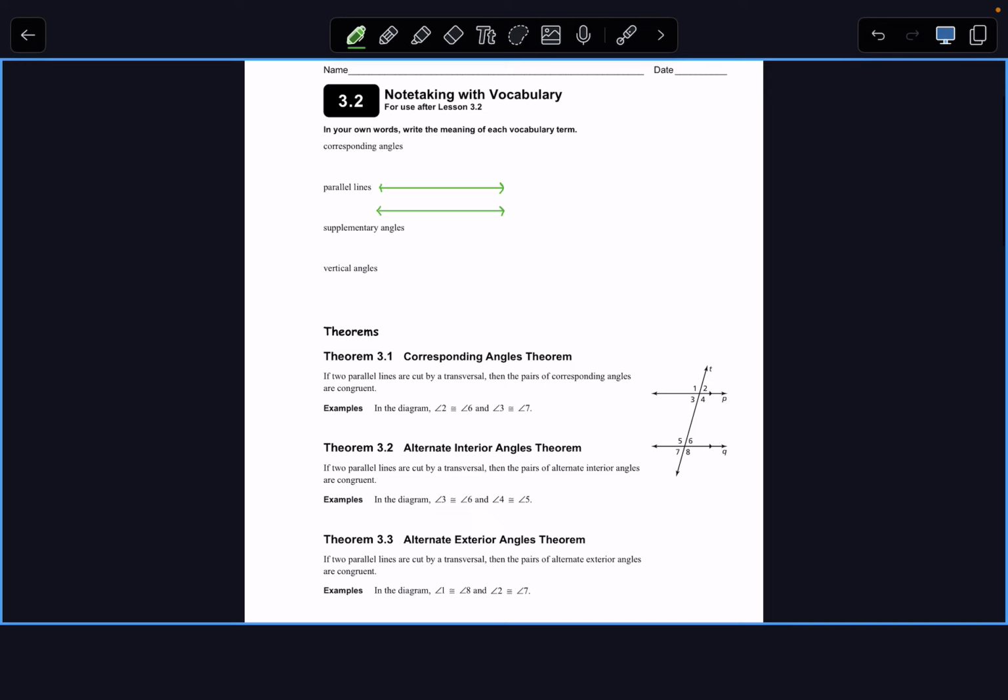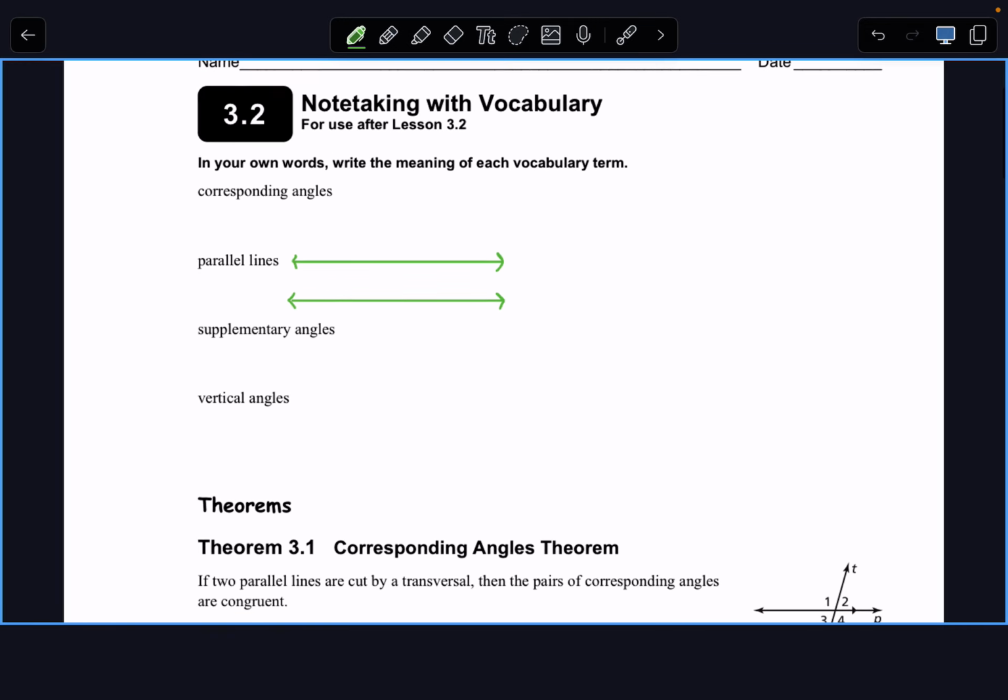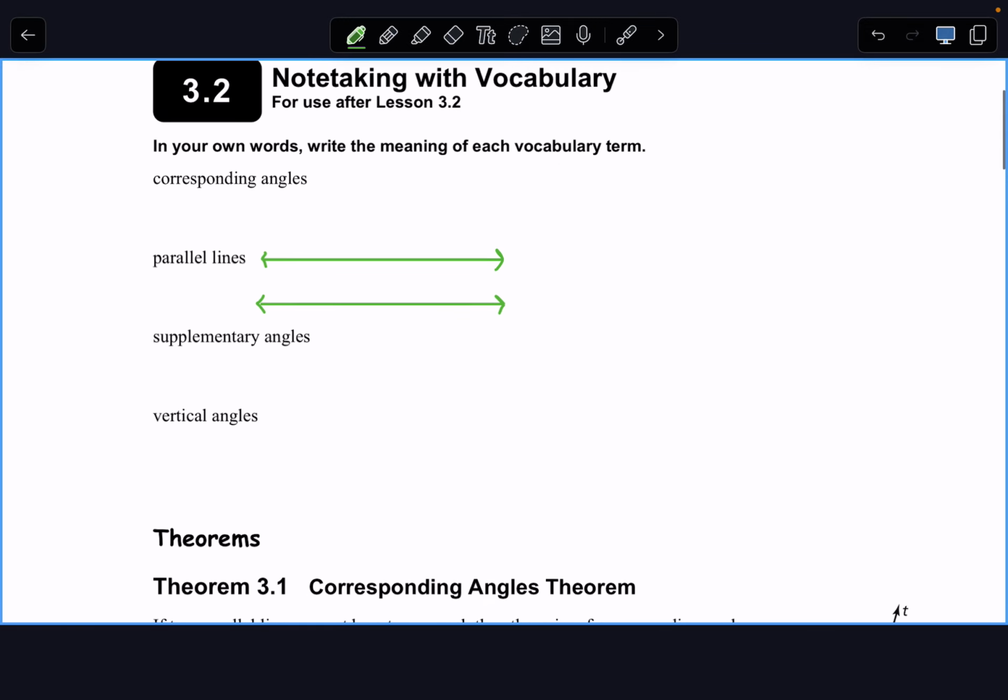This is page 73. I want you to understand that when we have parallel lines, they will either say, hey, these are parallel, or there will be arrows.